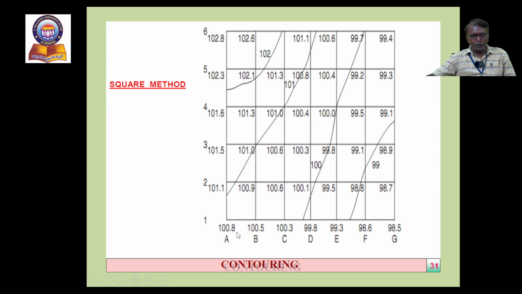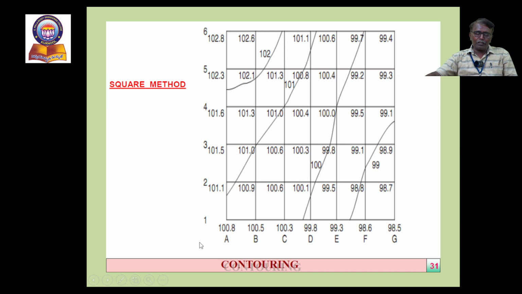Let us say the difference between 100.8 and 101.1 is 0.3 meters. 0.3 meters in 10 meters length. Vertical difference is 0.3 meters in horizontal distance of 10 meters. That is about 1/3, where the 101 contour is located. Similarly, all the points will be marked on the map.